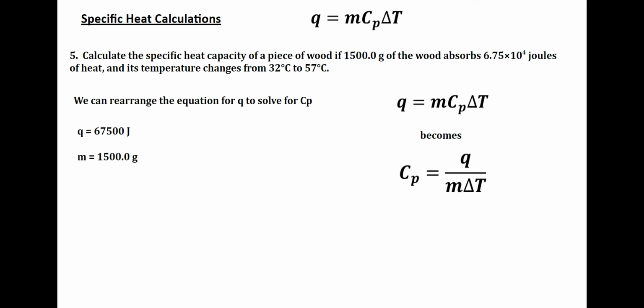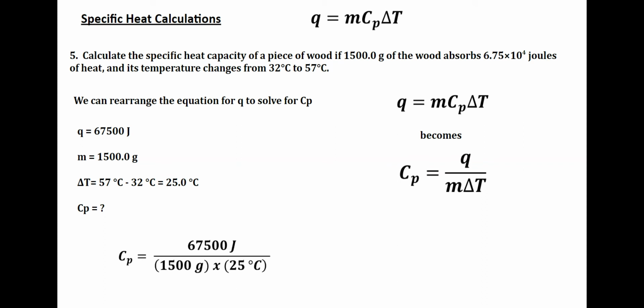The mass, 1,500 grams. The change in temperature was 25 degrees Celsius. Therefore, the heat capacity must be 1.8 joules per gram per degree Celsius.